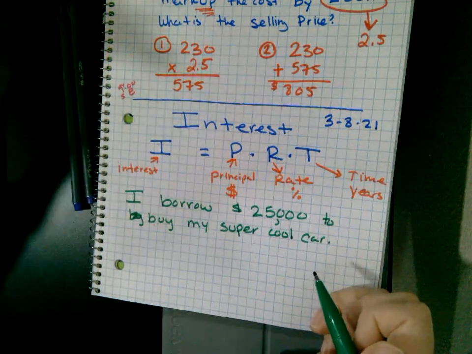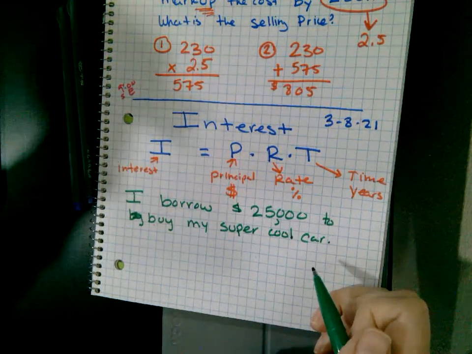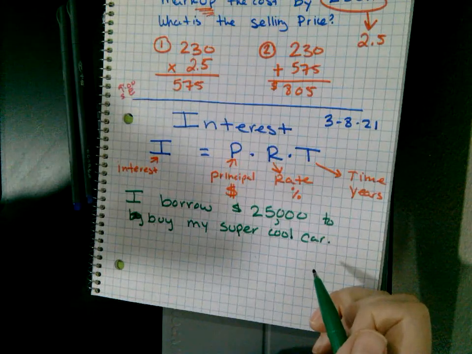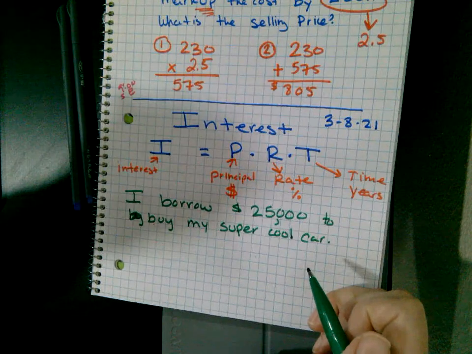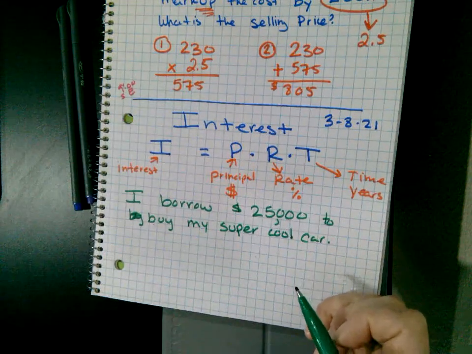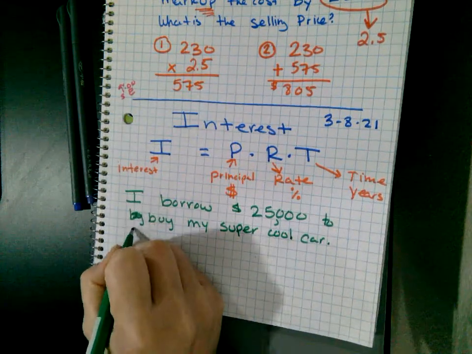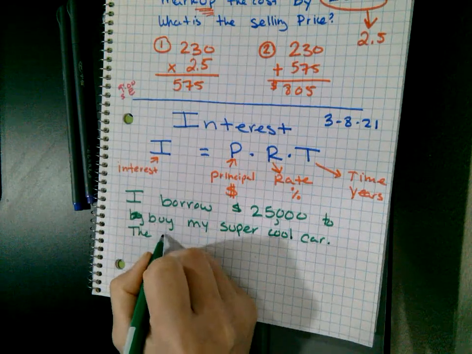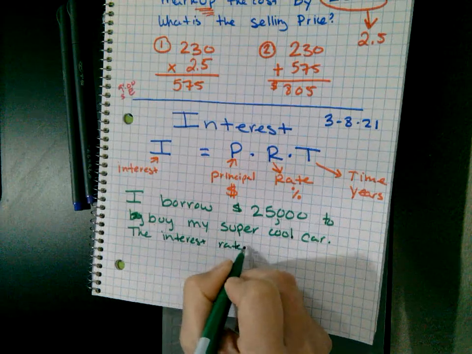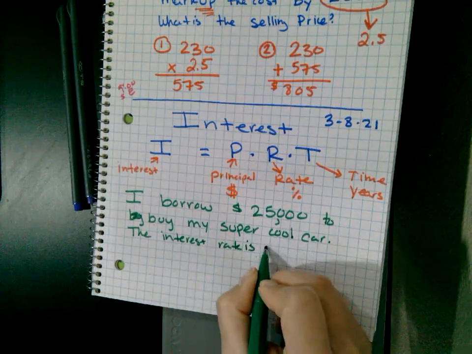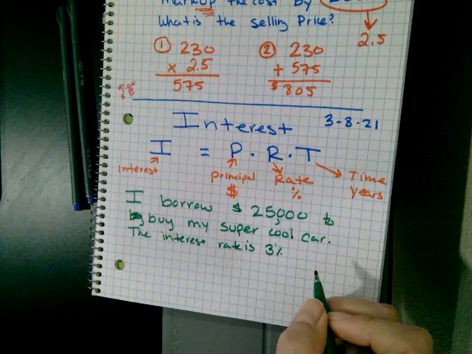I don't have $25,000. So I go to the bank. Hey, bank, I want to borrow $25,000. And they're like, okay, really? Yes. Is it free? No. They're going to charge you an interest rate. The interest rate is 3%, which is pretty good.